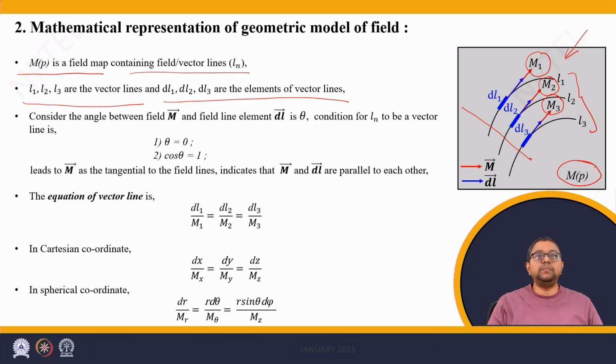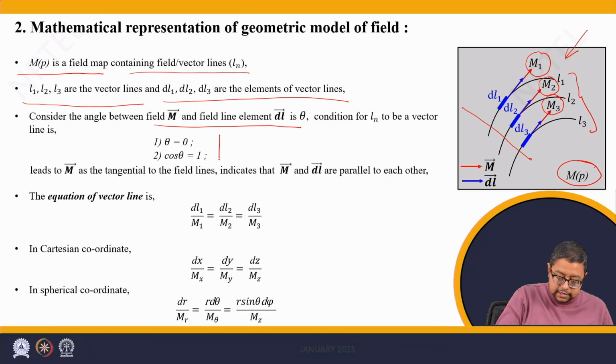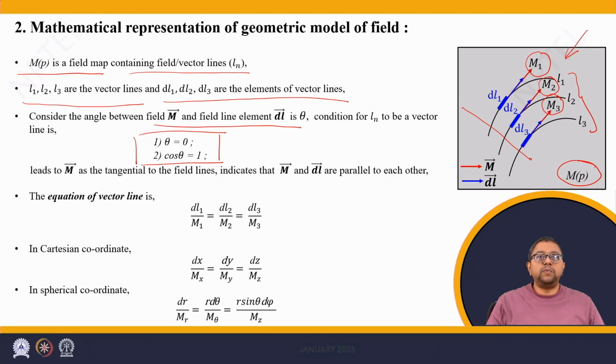Now consider the angle between the field M vector and the field line element dL vector, which is denoted by theta. The condition for Ln to be a vector line is, this box highlights the two conditions. Theta equals 0, which means the M vector and dL vector have to be aligned. It can be seen here.